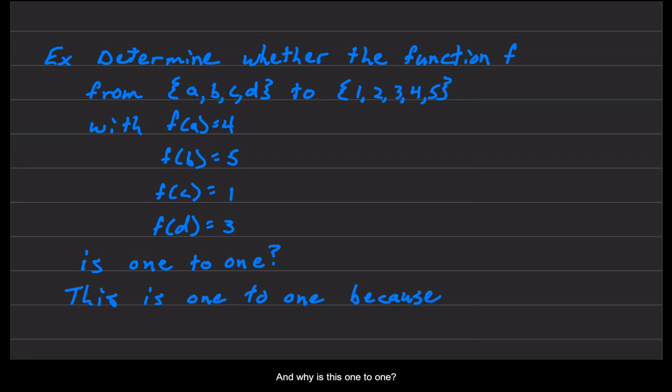And why is this one-to-one? Well, in the image, there are no two values from the image that map from the same value in the domain.